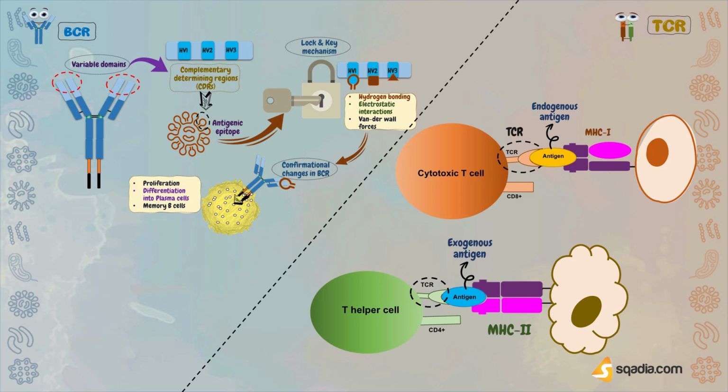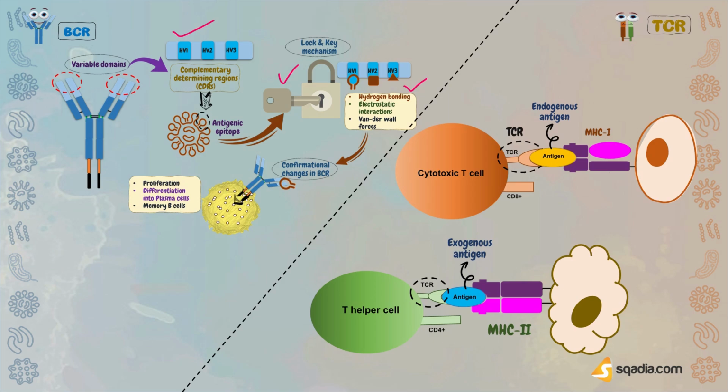Now, if we summarize the function of BCRs, we say that antigenic epitopes bind with BCRs through specific interactions between the epitope and the variable regions of the BCR. This binding is compared to a lock and key mechanism, and the lock and key binding involves molecular interactions such as hydrogen bonds, electrostatic interactions, and van der Waals forces.